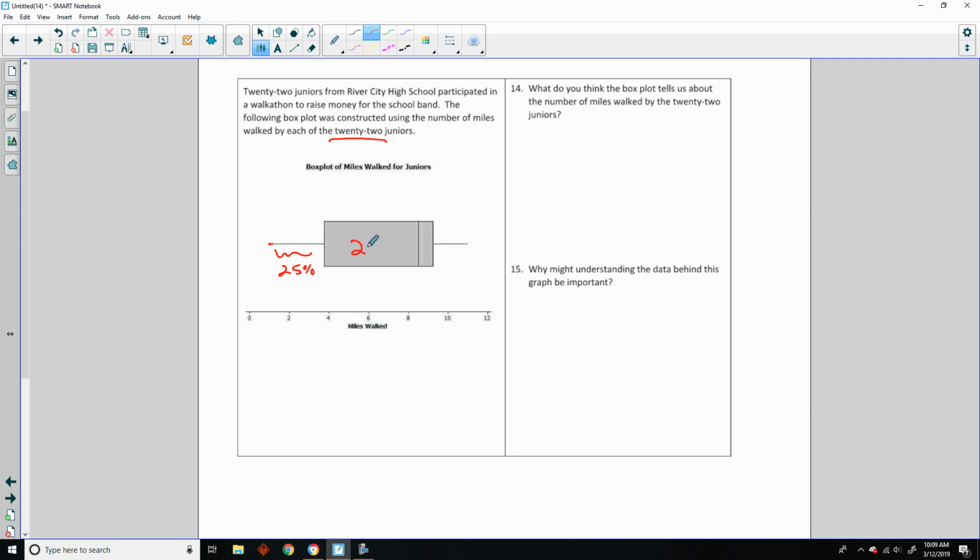25% walked 4 to 8 miles. So that'd be another 5 or 6. Another 5 or 6 walked between 8.5 miles and 9. And another 25%, 5 or 6 people, walked between 9 and, say, 11 miles. Okay? So half of the juniors walked between 4 and 9 miles.